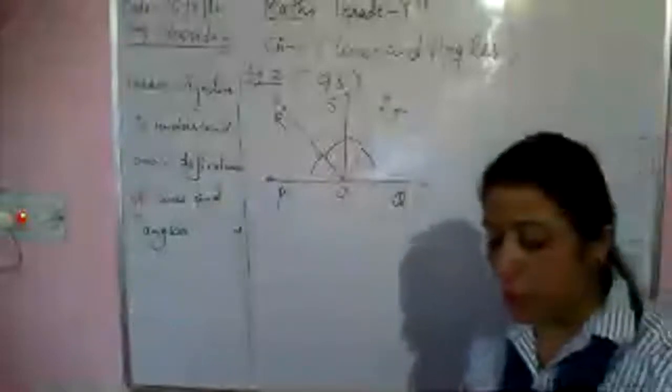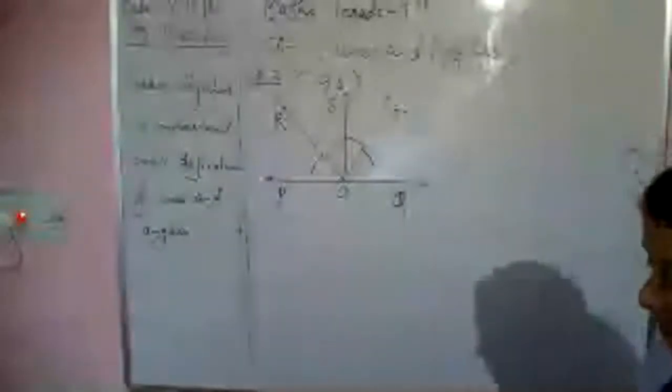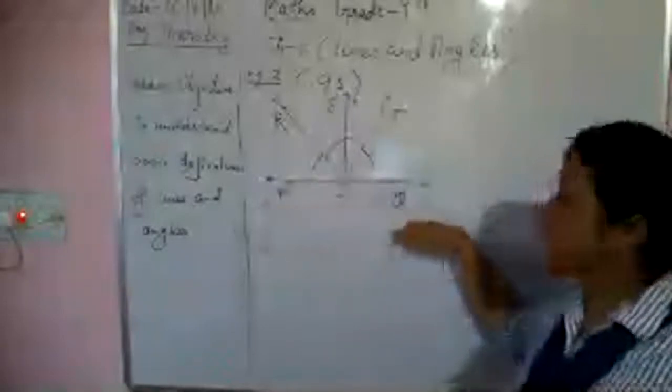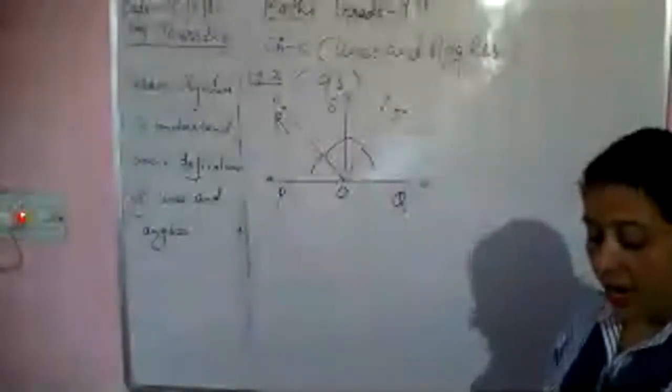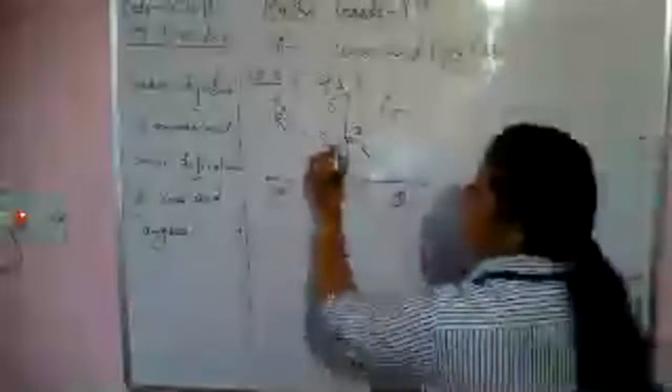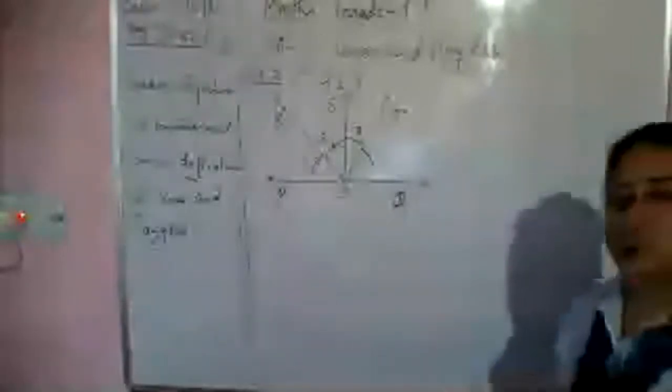Now what is given in the question? OS stands on POQ, so OS is the line standing on the line PQ. OR and OT are angle bisectors. OR is the angle bisector of POS, which means these two angles are equal. So you can write angle 1, angle 2, angle 3 and angle 4. Angle 1 and angle 2 are equal. It is given.